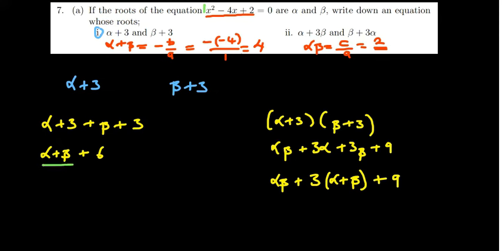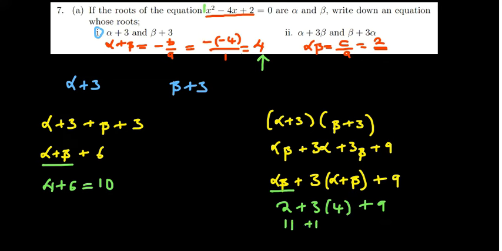We already established it's equal to 4. So 4 plus 6, giving us 10. Here alpha beta is 2, alpha plus beta is 4, and then plus 9. 9 plus 2 is 11, 11 plus 12, so we have 23.